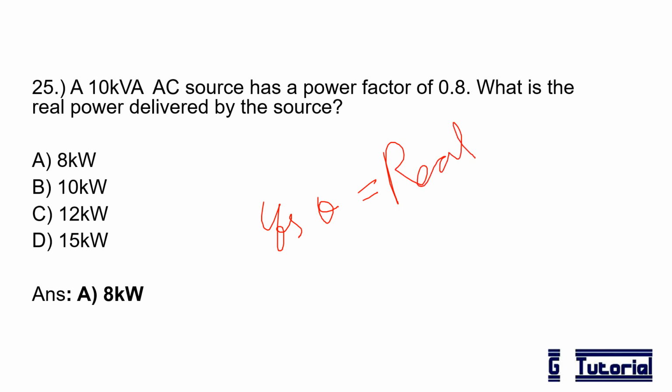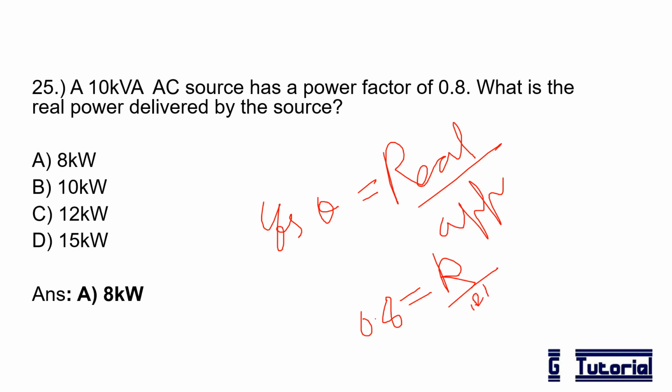Here power factor is given as 0.8 and we have to find the real power, and apparent power is given by 10 kilowatt, 10 kilovolt ampere. So 0.8 into 10, which is 8 kilowatt gives the real power delivered by the source. Unit of apparent power is kilovolt ampere and real power's unit is watt, kilowatt.